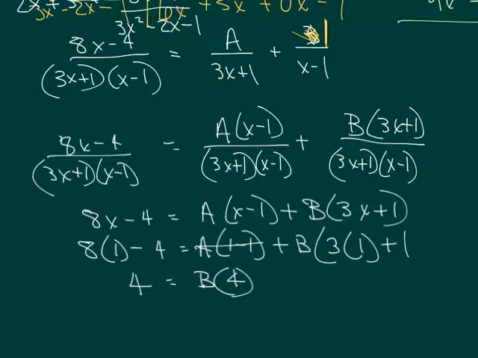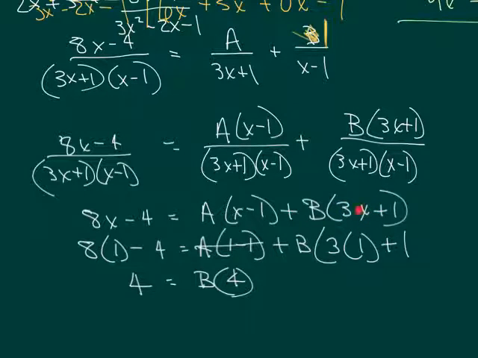Now what I'm going to do is the exact same thing I did to find B, only let's go all the way back up to this equation right here. So I put a 1 here to get rid of the A, so I need to find a number here to get rid of the B. So 3x plus 1 equals 0, so if I can make that equal to 0, multiply it by B, my B will disappear. And so 3x plus 1 gives me a negative 1/3.